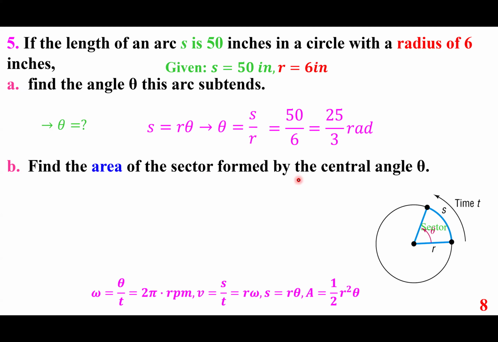And again, if they want an approximation, they will ask you. We want to find the area of a sector, this area that is covered by the central angle, so half of R squared theta. Replace the R with number 6, and theta, we just found it to be 25 thirds. Remember, it has to be in radians, and it is.